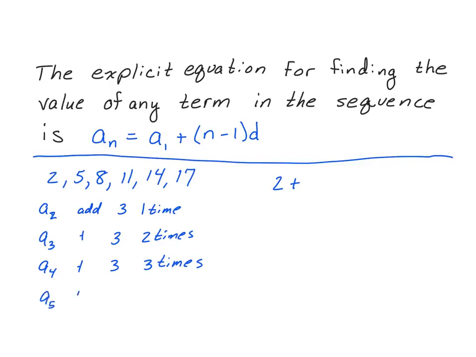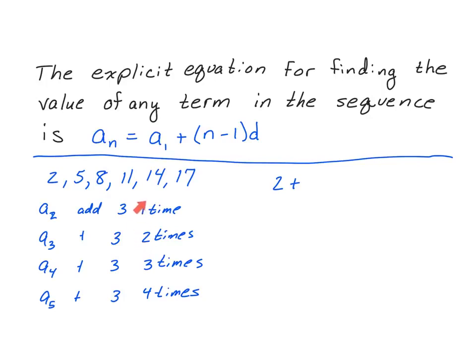And for the fifth term, we added 3 4 times. All right, so if we compare things a little bit here, to get this 5, we added 3 to the first term, so we added 3 to that 2, and we added it just one time. To get the third term, we added 3 two times.